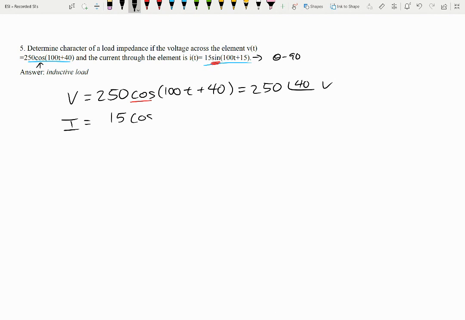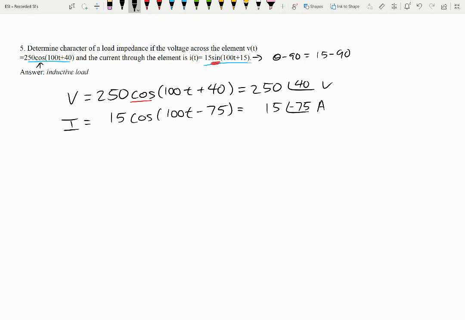So we'll change it to cosine 100t. This here will be 15 minus 90, which will give us negative 75. So this will be 15 at angle negative 75. And that'll be amps.